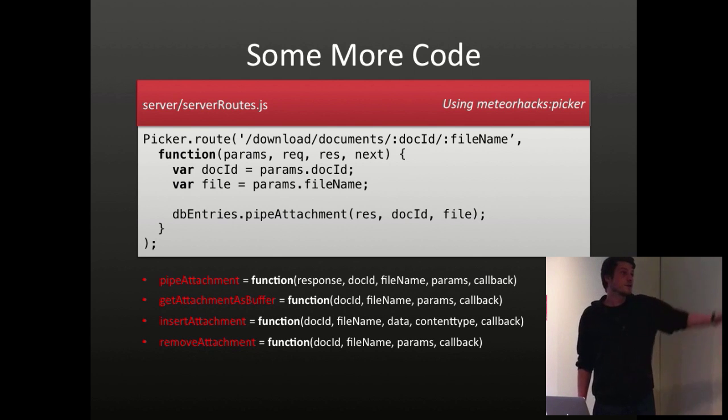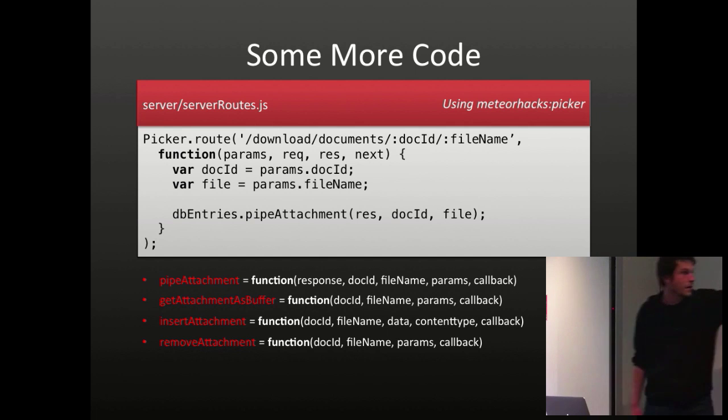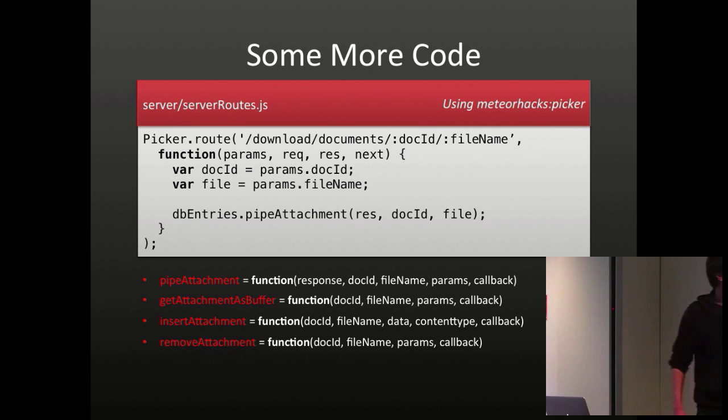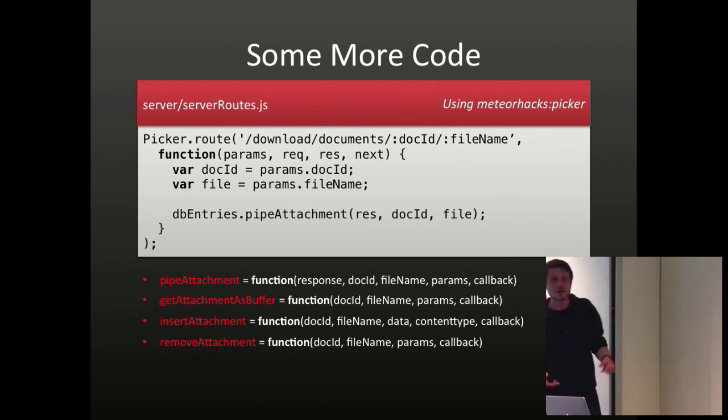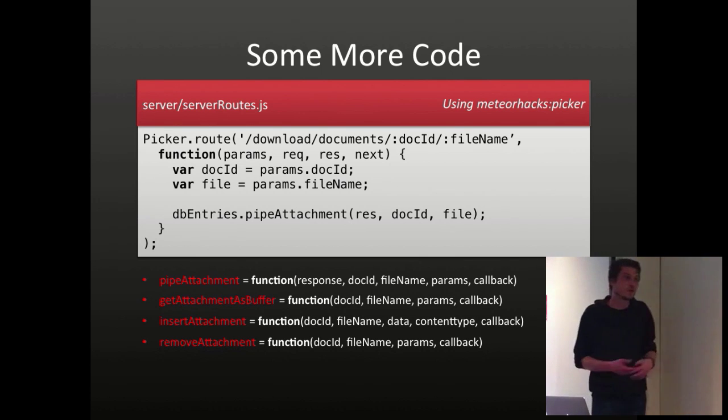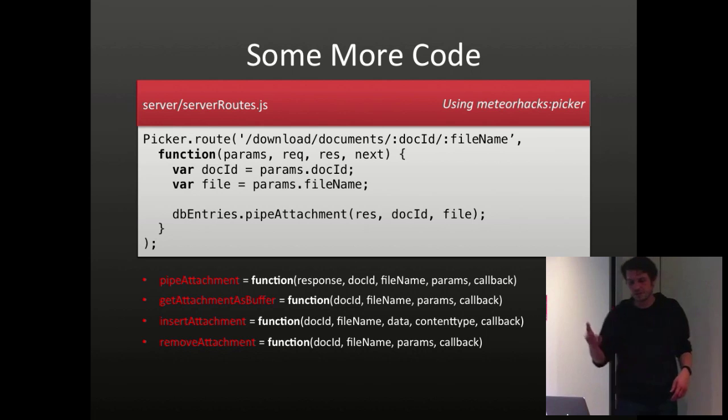Basically, you could define a route on the server like this, where you have download/document/documentId/fileName, and then you just execute DB entries, which is our CouchDB database, and you pipe the attachment to the response, which is provided here. And in Iron Router, you can do pretty much the same thing. You just pipe it through to the response object that you retrieve from the router object.